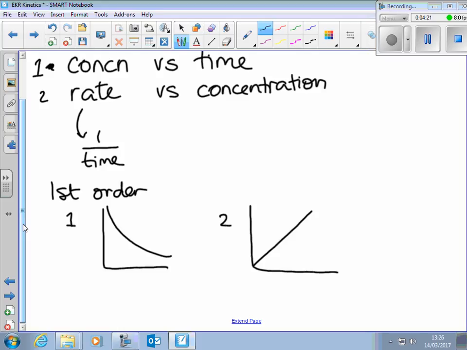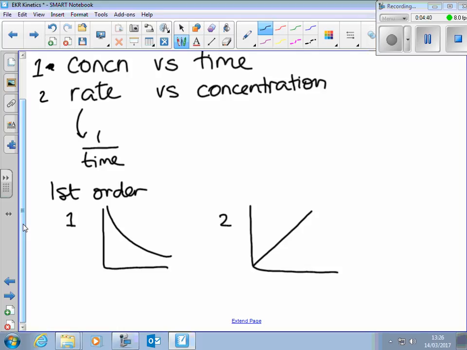Now the other graph on this sheet, the one on the right hand side for the first order reactions, is showing you how you can use the tangents. And we've done tangent drawing, haven't we? It is a tricky thing to get exactly right.